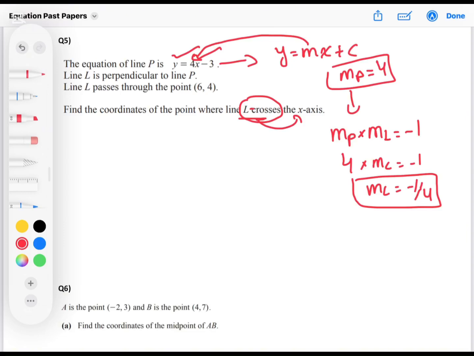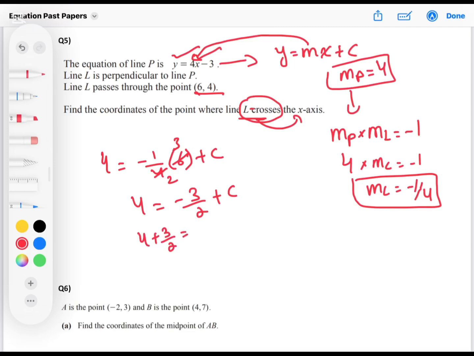Now the line L passes through (6, 4). So now we can find the y-intercept with this point and the slope. y is 4, slope is -1/4, x is 6, plus c. 2 twos are 4, so -6/4 is -3/2. Now 4 is equal to -3/2 plus c. -3/2 will go to the other side and become positive. 8 plus 3 will be 11/2.